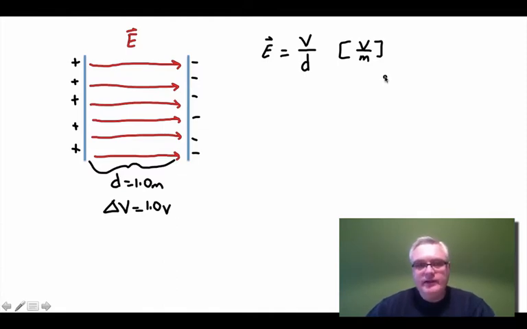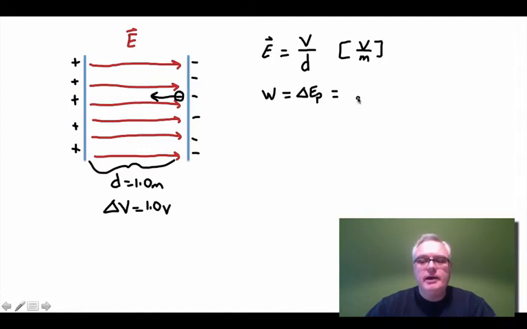So this electric field then is uniform, and if we imagine an electron in this field, we know that the electron will accelerate in this direction due to the field, right? It'll be attracted towards the positive plate. Okay. So the electric field then causes work to be done on that electron, and we know that the work is equal to the change in energy of this electron.